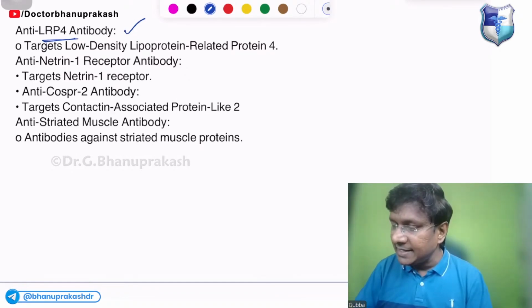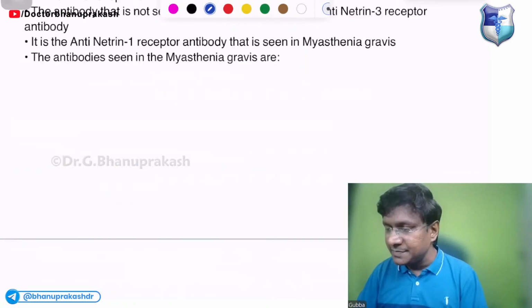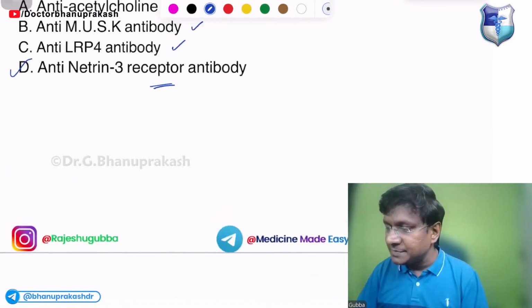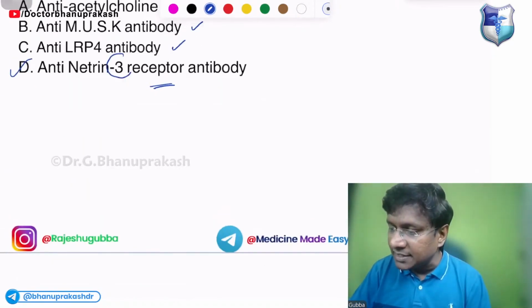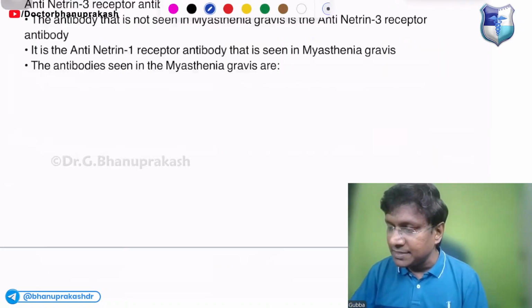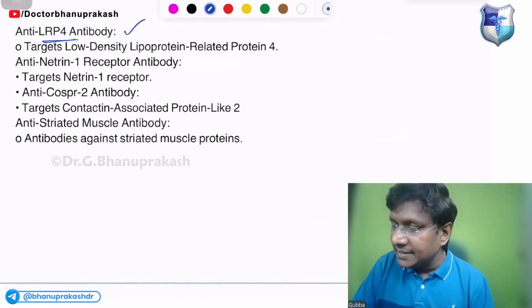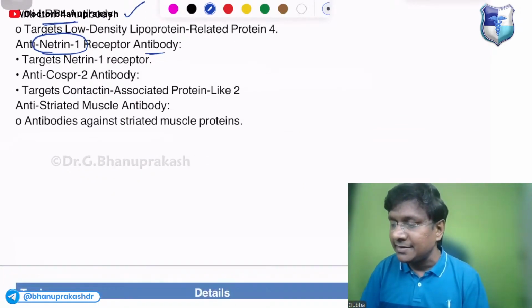But the option that has been given to you is anti-netrin 3 receptor antibody. In myasthenia gravis, you will have anti-netrin 1 receptor antibody. It is not anti-netrin 3.